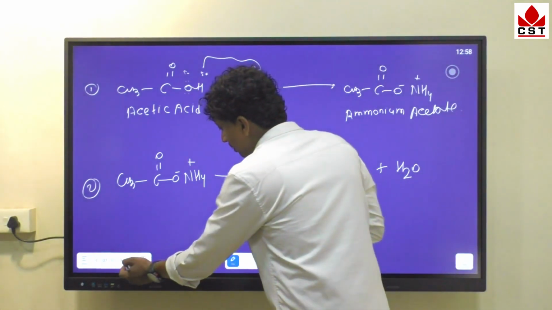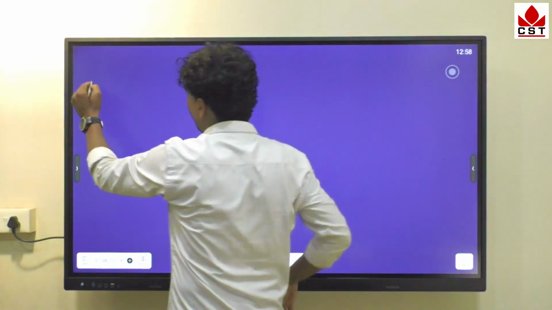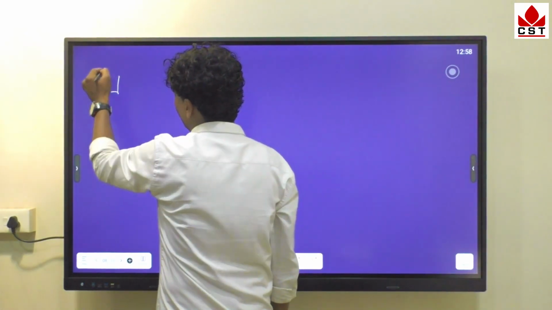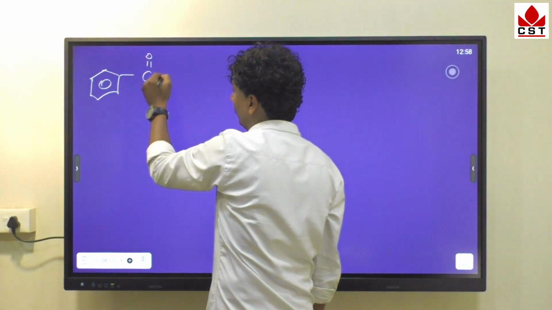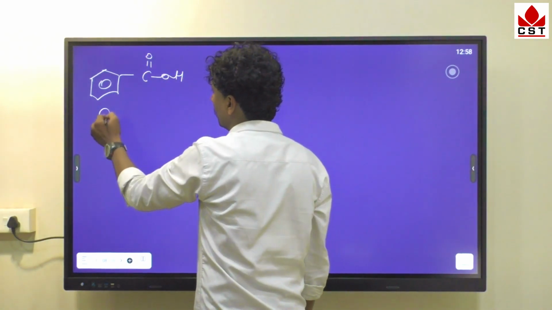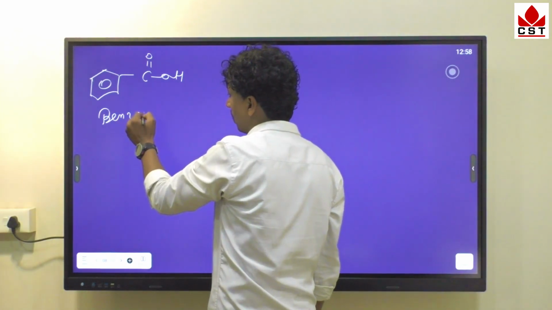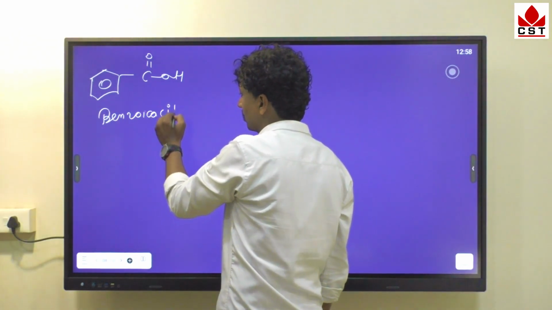Okay. So what about these reactions with an aromatic reactant? The aromatic reactant is the benzene ring containing C double bond O bond OH, and this compound is called benzoic acid.